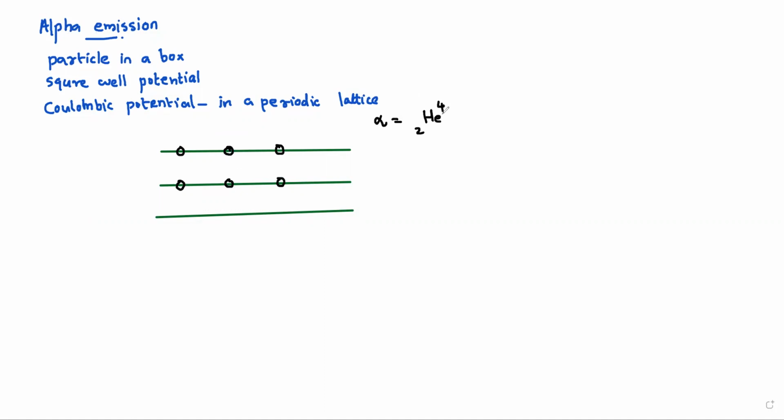Within the helium nucleus, there is a nuclear force present. That means a nuclear force of attraction that opposes the Coulombic repulsion of the positive charges within the nucleus, because protons and neutrons are present in the nucleus.